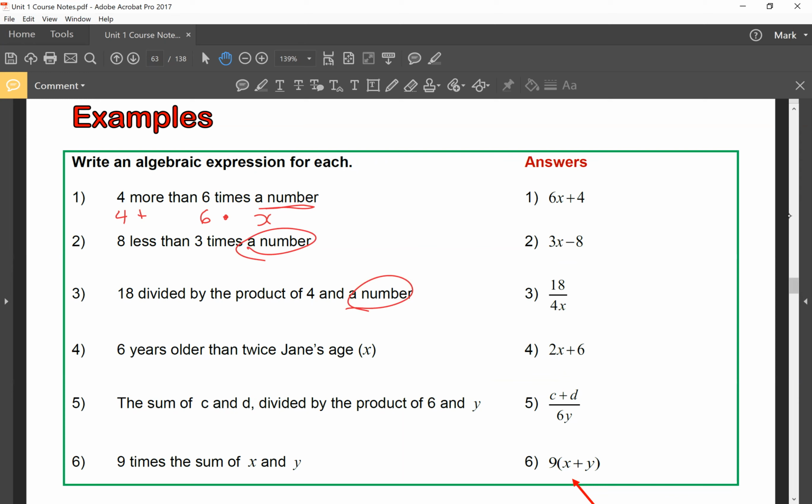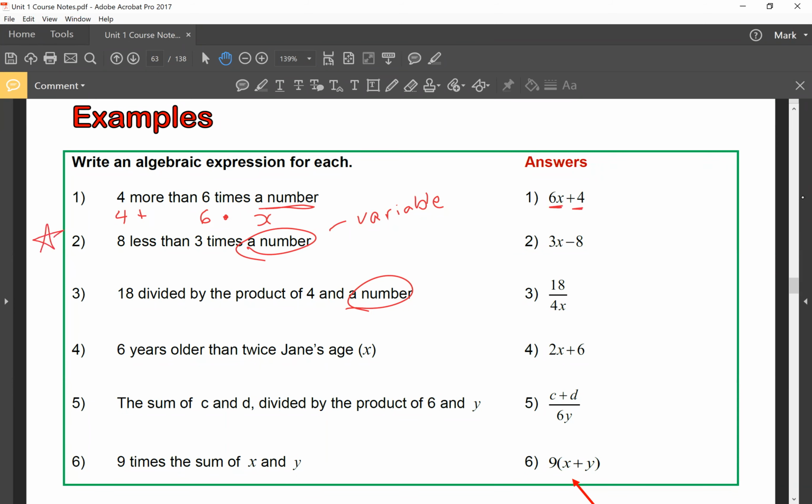It could be X. You guys can choose your favorite variable. It could be A, B, C, X, Y, Z, Q, R, it doesn't matter. I typically use X or Y because they're just common mathematical variables. So 4 more than 6 times a number is 6x plus 4.